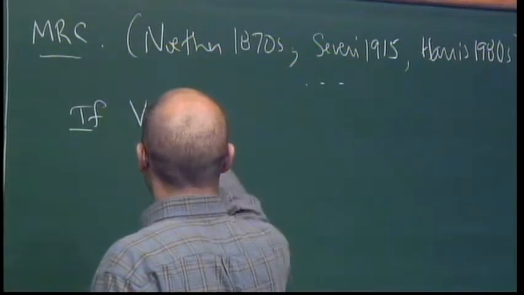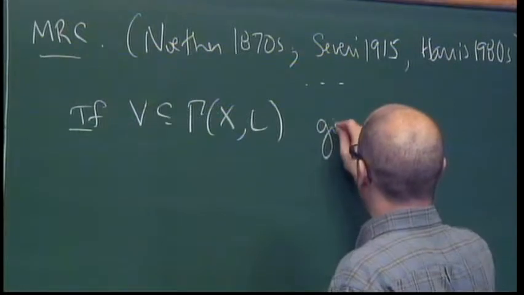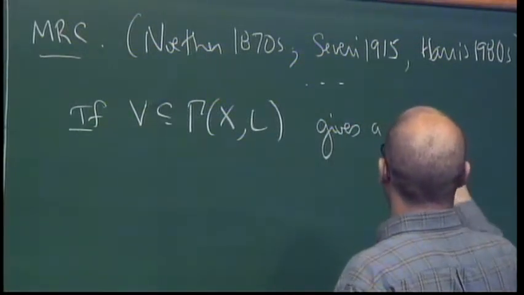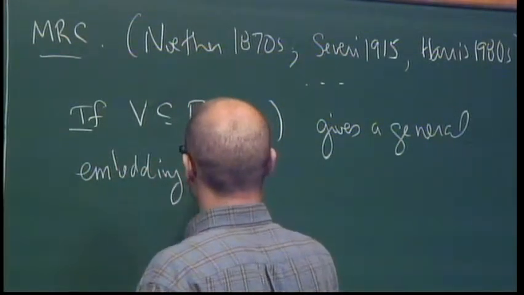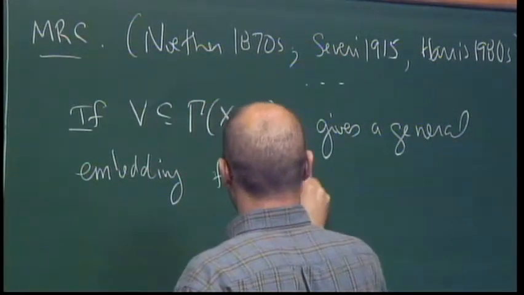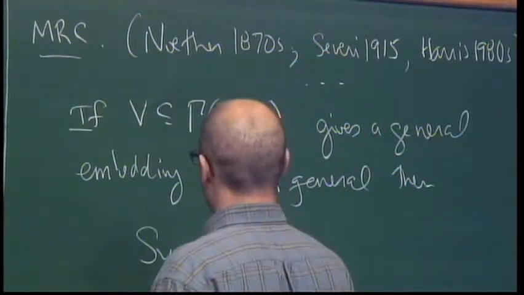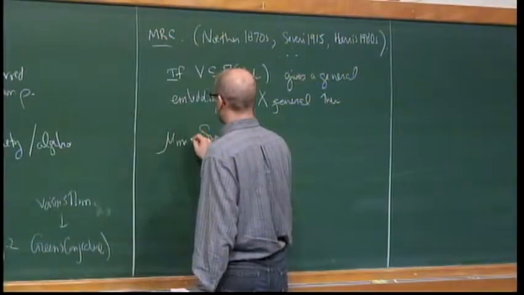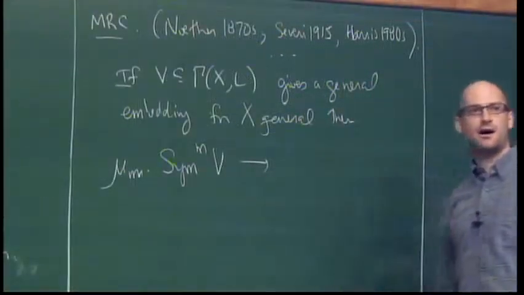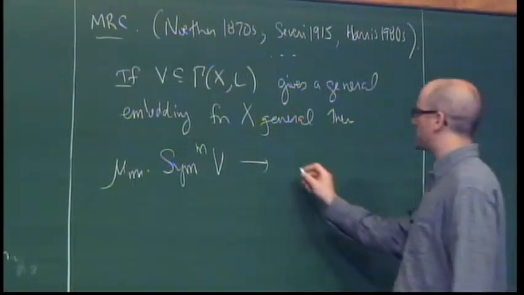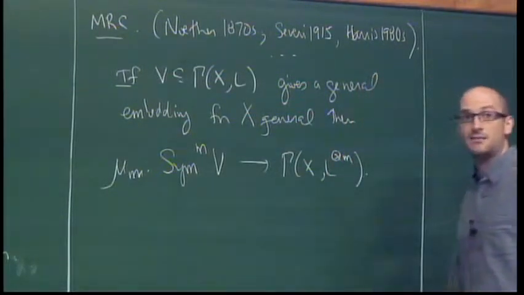And the statement is this. So if we have some linear series, and this gives a general embedding, and X is general, then there's a multiplication map which takes the nth symmetric power of the linear series V and maps to sections of the mth tensor power of the line bundle.